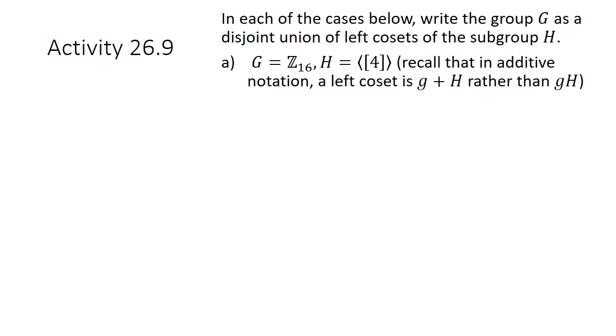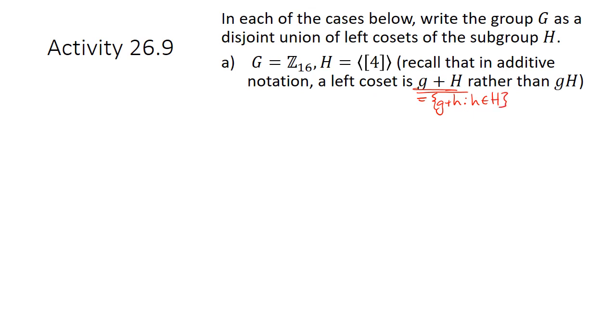It's important to recall here that for additive notation, a left coset is g plus H rather than g times H. This just means the same thing that you would think it means: g plus h for all h in H.